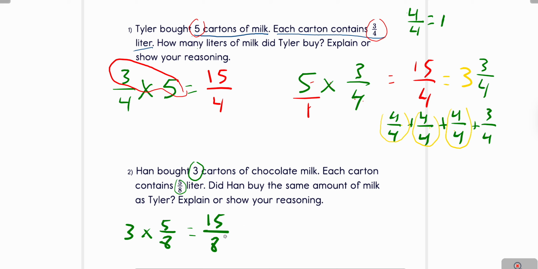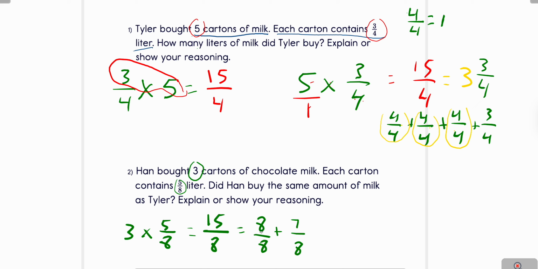And if you want to convert this into groups of eighths to extract the wholes, then we can do that too. So let's break this apart. I know I can take out 8/8 here. How do I get to 15 from 8/8? So that's 7. 8 plus 7 is 15. So that's 7/8.